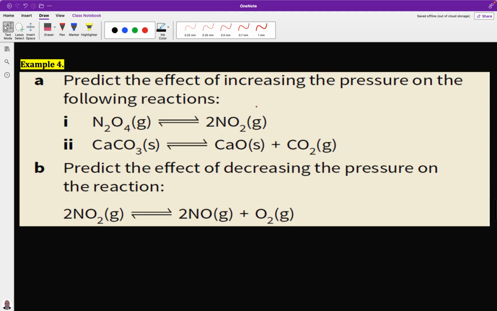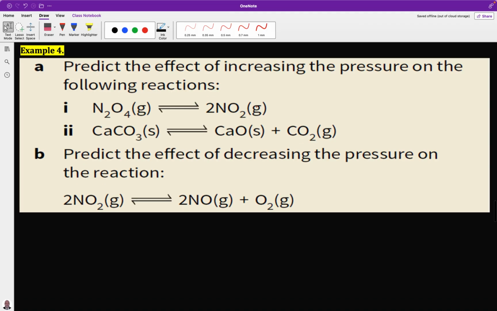Now, question number 4. Predict the effect of increasing the pressure on the following reaction. We have a reaction here, N2O4 to give NO2.